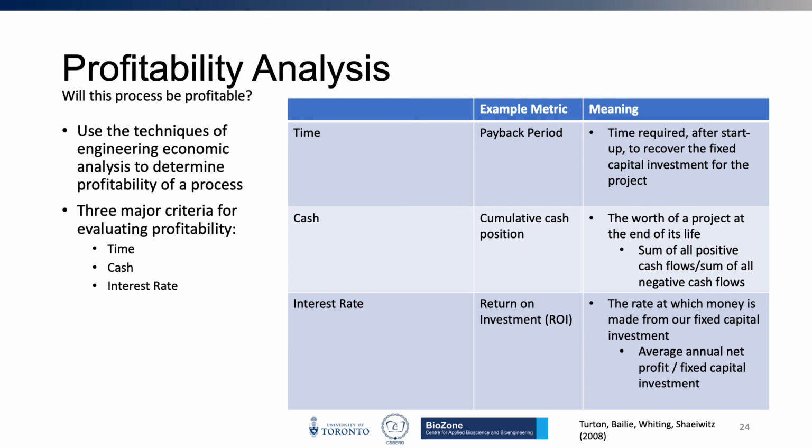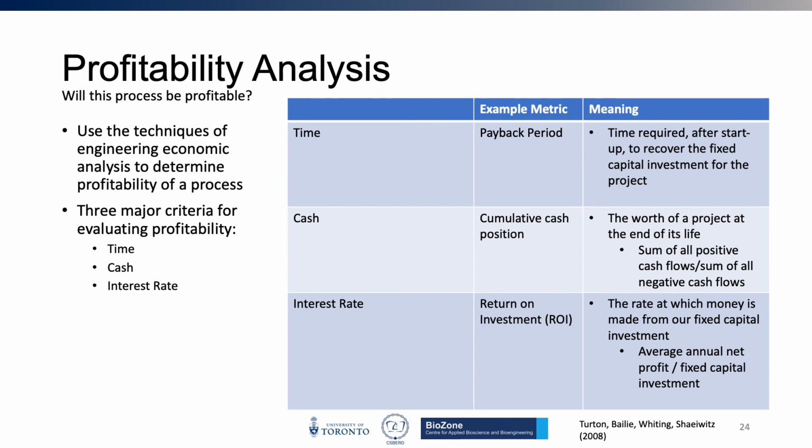So let's talk a little bit about profitability analysis. This answers the question of, will this process be profitable? As I mentioned before, this uses the techniques of engineering economic analysis to determine the profitability of a process. Three major criteria for evaluating profitability are time, cash, and interest rate.